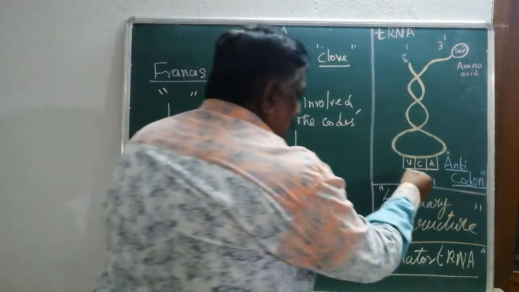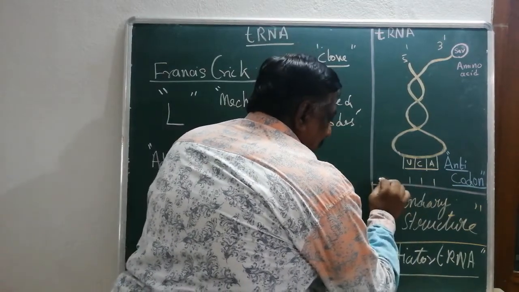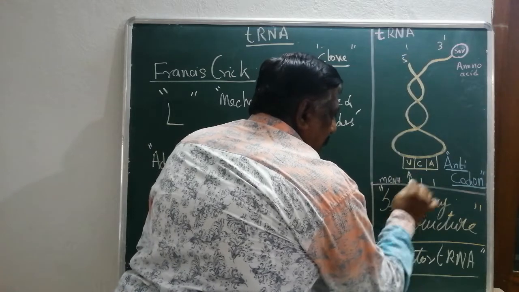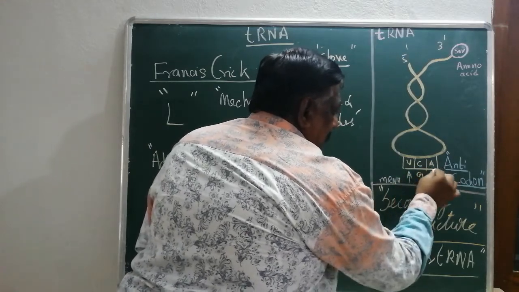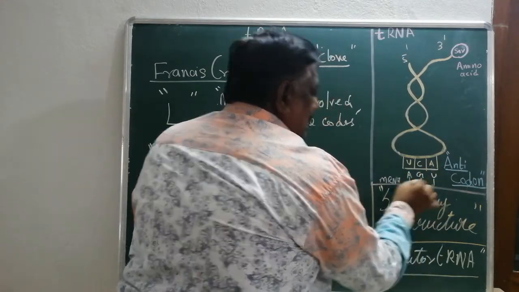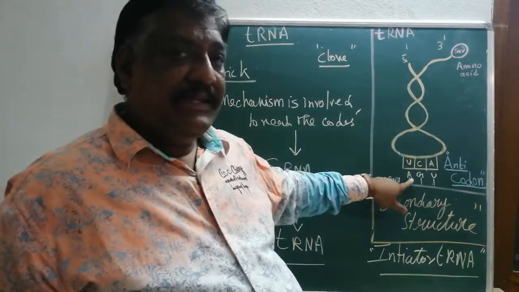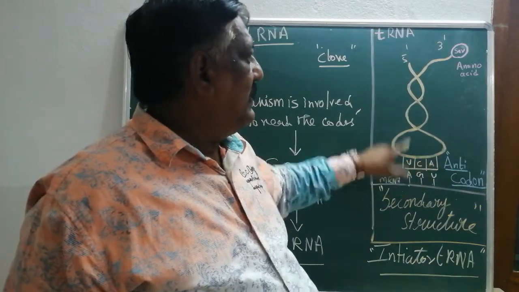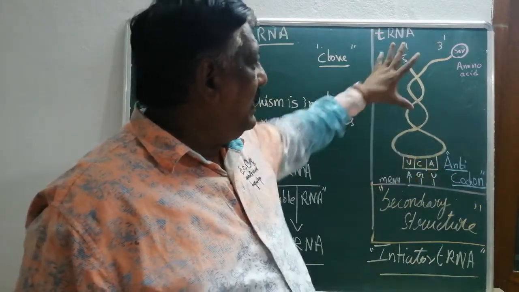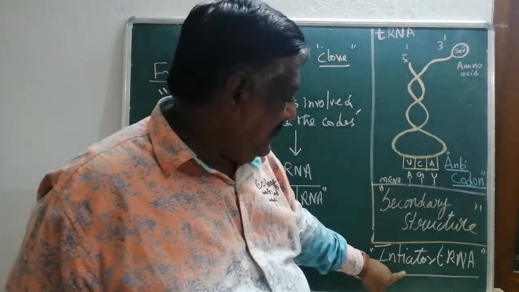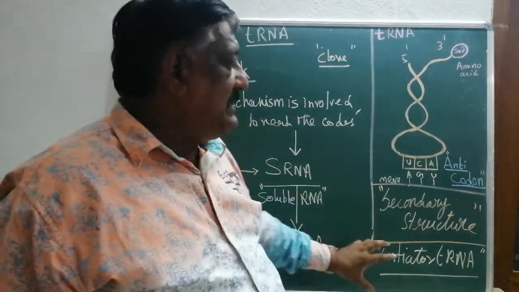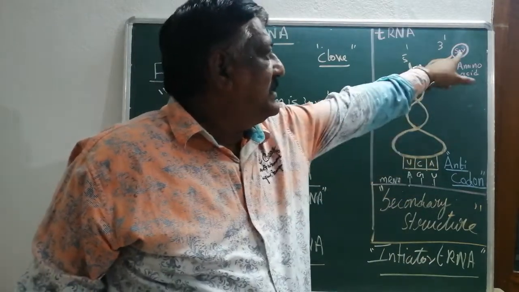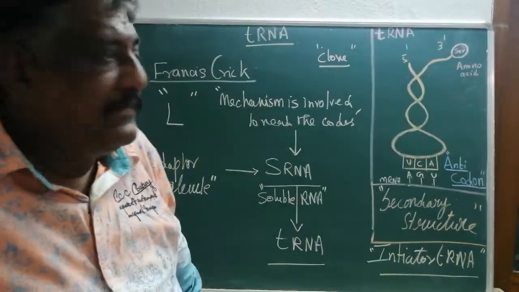UCA means what is the code in mRNA? Suppose it is mRNA, what will be the code? U means A, C means G, A means U. This is the initiation code. According to this initiation code, the tRNA having the anticodon UCA is the initiator tRNA. It always comes first with the anticodon UCA and carries the amino acid serine.